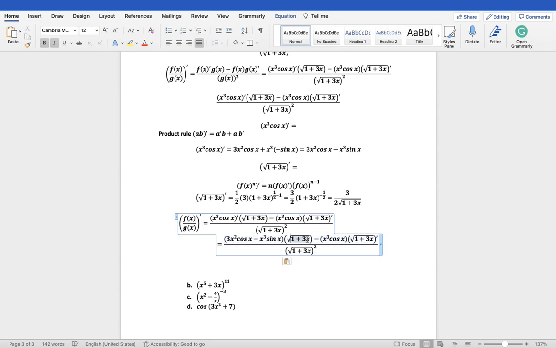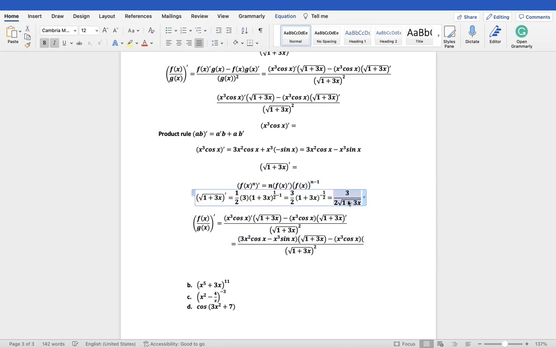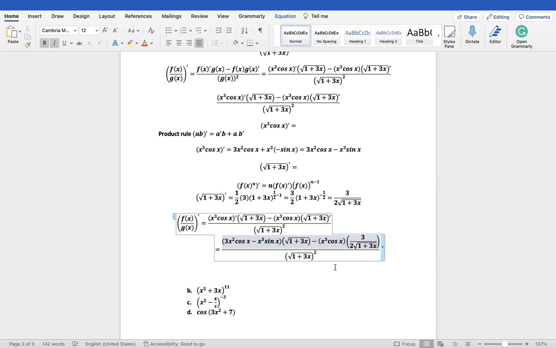Multiplied by root of 1 plus 3x, minus x cubed times cos x multiplied by the derivative of root 1 plus 3x, which is equal to this whole thing here, divided by root of 1 plus 3x squared, which can also be simplified to just be equal to 1 plus 3x.